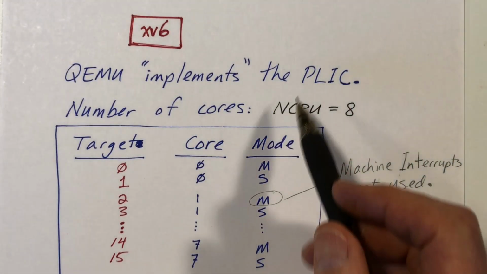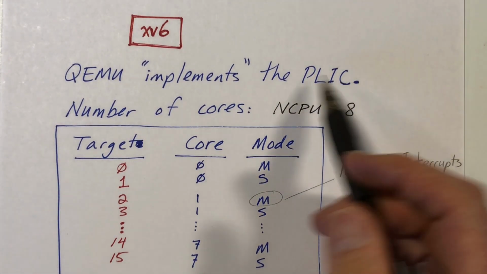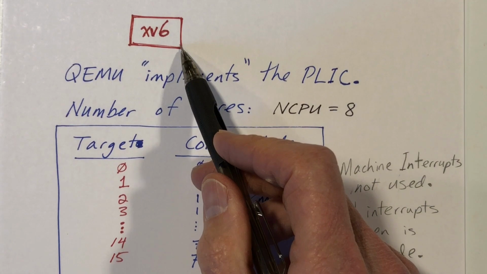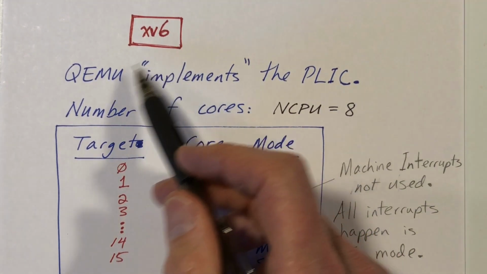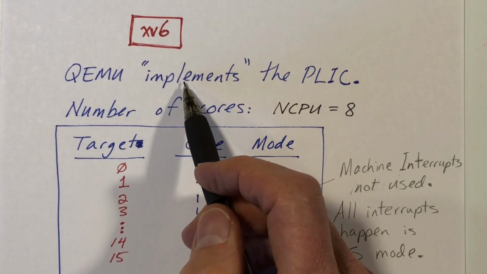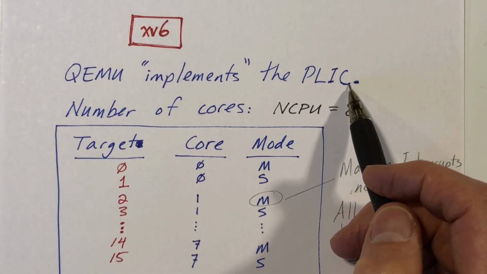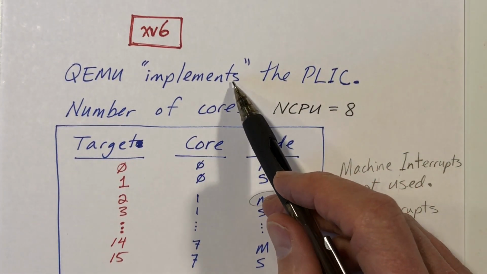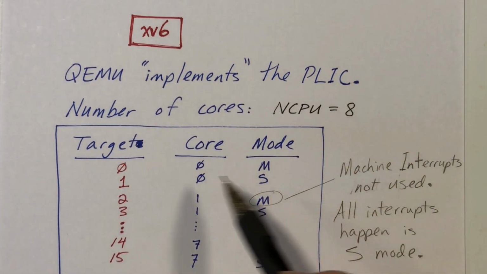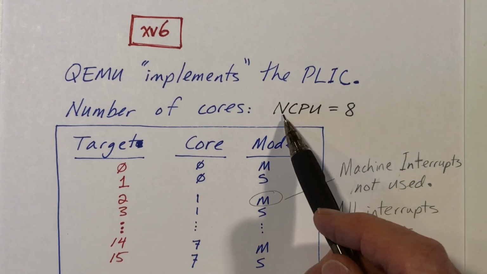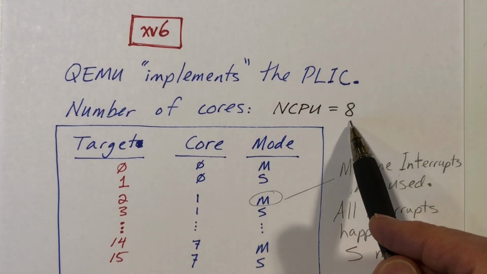Next, let's look at how the platform level interrupt controller is implemented in our system. We're talking about the xv6 kernel, and that will be run on QEMU, which is an emulator. So the PLIC is not actually implemented physically, it's simply virtually emulated by QEMU. The number of cores in xv6 is determined by this constant NCPU, which happens to be 8.